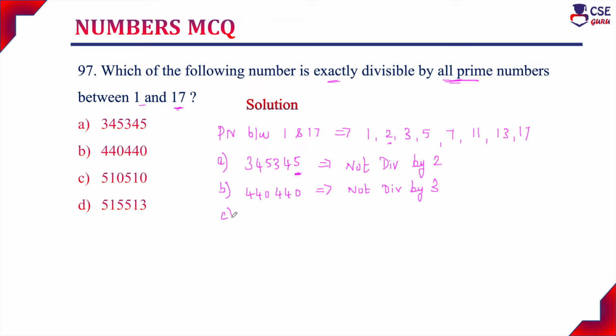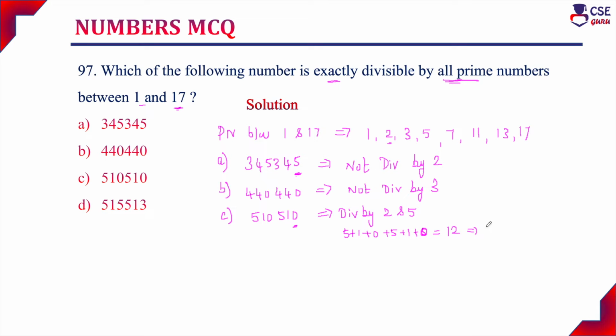And option C, if you are checking, 510510. And this number, since its unit digit is 0, it is divisible by 2 and 5. And if you are checking its digit sum, that is 5 plus 1 plus 0 plus 5 plus 1 plus 0, the sum is 12.